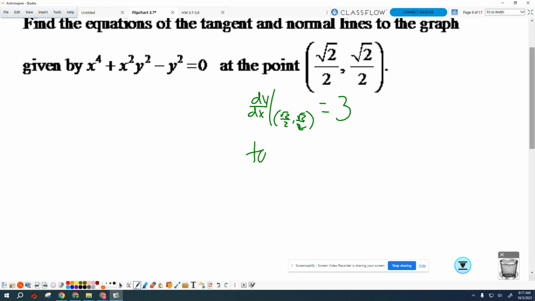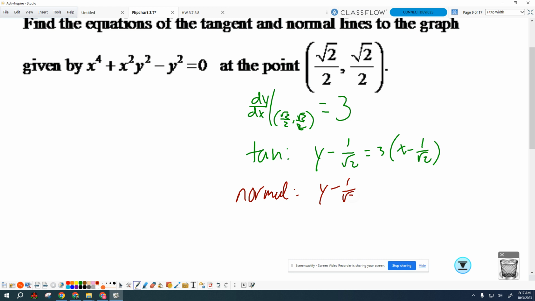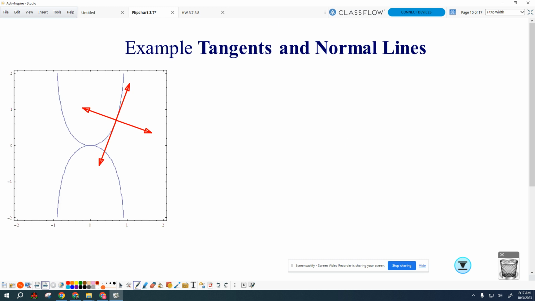Y minus root 2 over 2 equals 3 times x minus root 2 over 2. Jamie, what's the normal line? Y minus root 2 over 2 equals negative 1/3 times x minus root 2 over 2. The only difference is the negative reciprocal slope to get the perpendicular. And again, that's what it looks like.